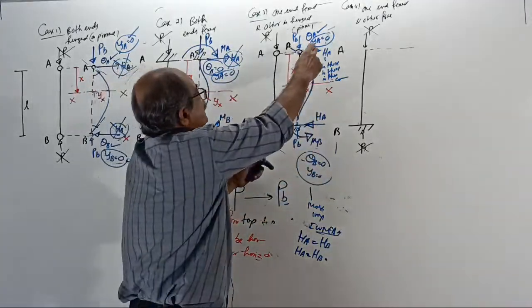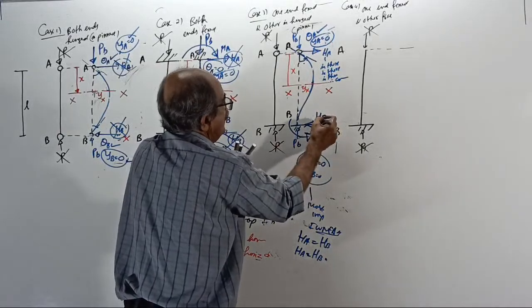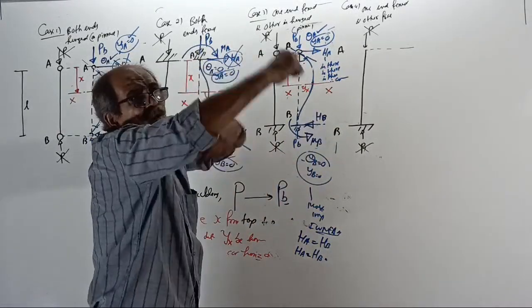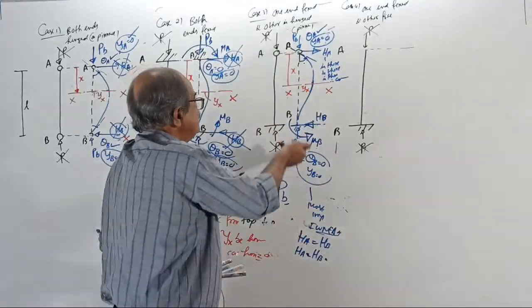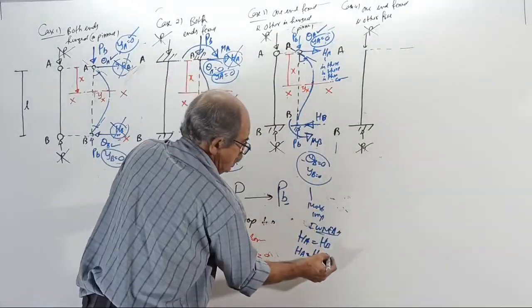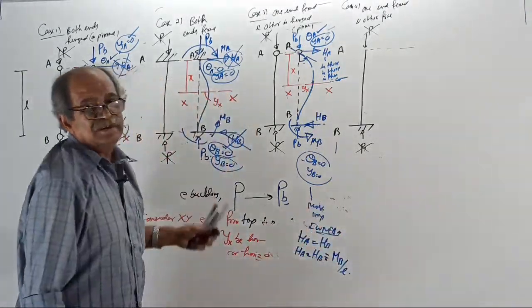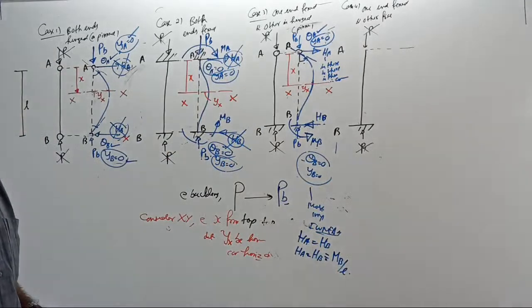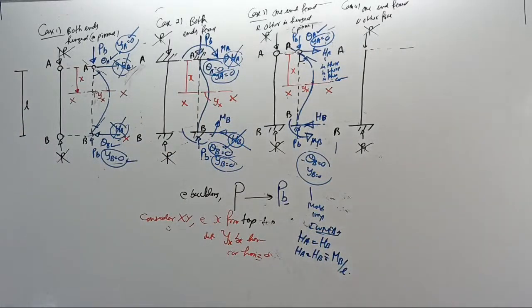See, HA and HB will produce a clockwise couple. That clockwise couple will balance this anti-clockwise couple. So this will be equal to MB divided by L. Correct? That HB equal to MB by L. Yes or no? HA equal to HB equal to MB by L.